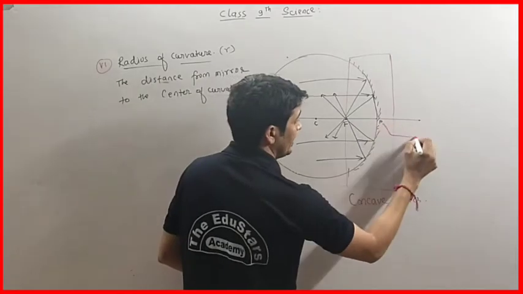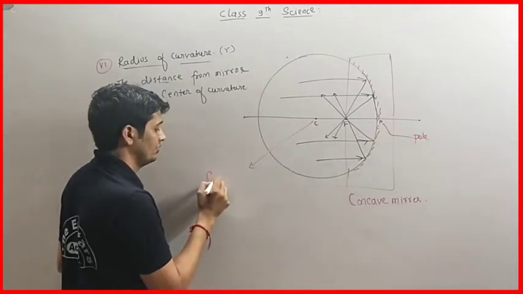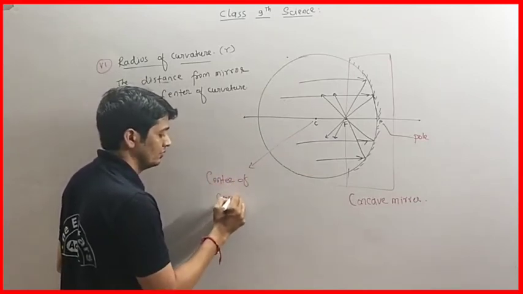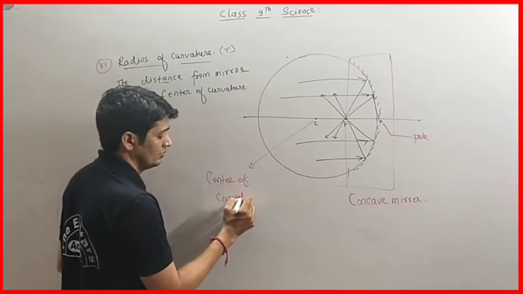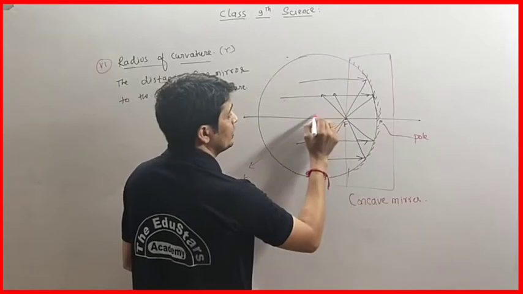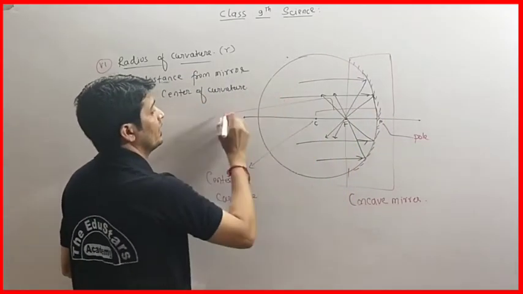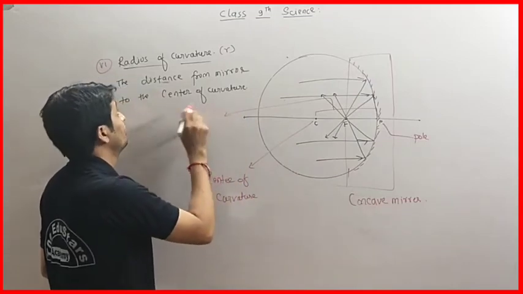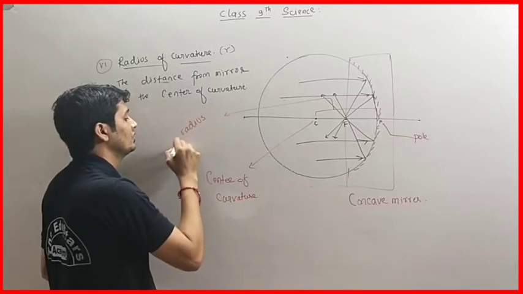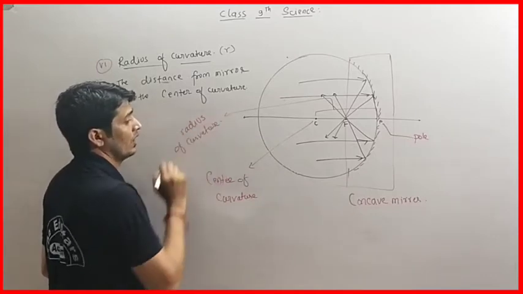What is P? It is the pole. What is C? It is the center of curvature. The distance from here to the pole, or here to the mirror, is called the radius of curvature.